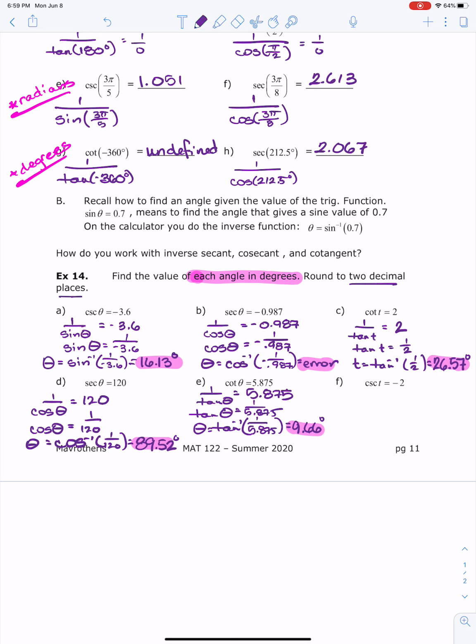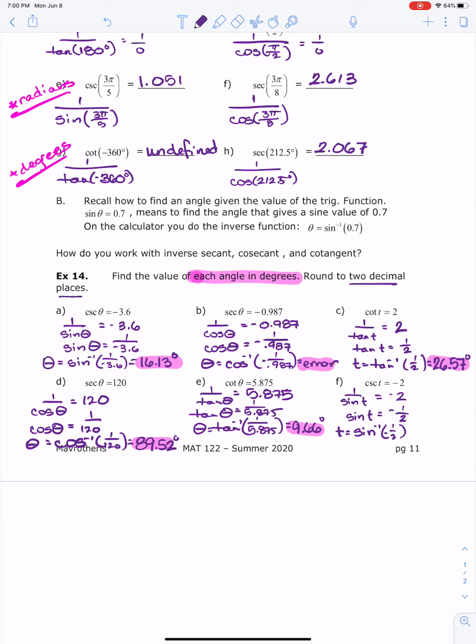Perfectly okay. Cosecant is 1 over sine. So I've got the 1 over sine of t is negative 2. Sine of t is negative 1/2. That should seem familiar because we have seen that on the unit circle.